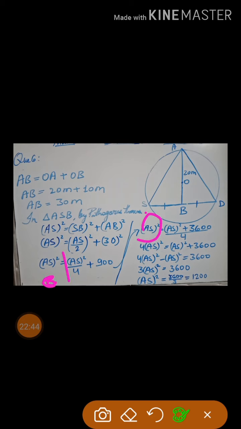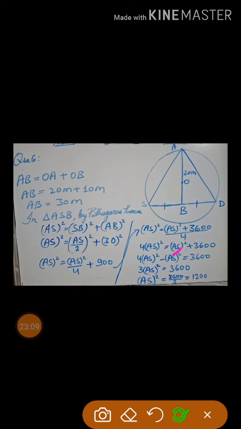On the right-hand side, this is the same answer as we got here, AS square plus 3600 by 4. Now this 4 will come to the left-hand side and multiply by AS square. So it will be 4 AS square is equal to AS square plus 3600.